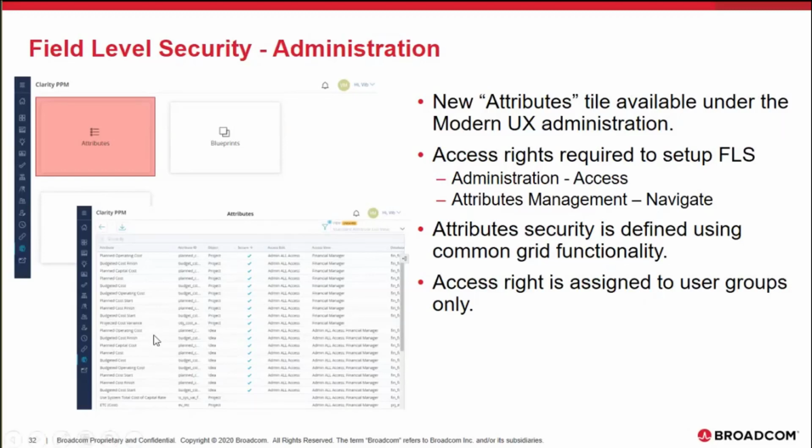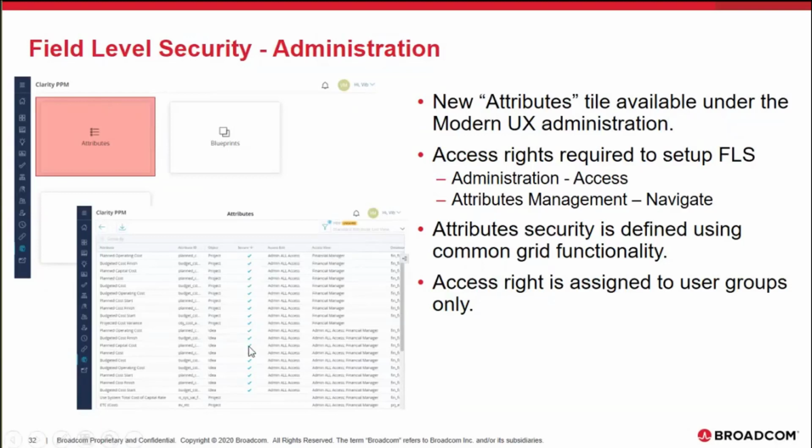So in this example, you can see I have quite a few financial attributes that are secured. The three columns that are very important in order to secure are, first, the secure column. That is where you would check the attribute if that attribute needs to be secured or not. Without that check, an attribute is not secured regardless of the values populated under access edit and access view.